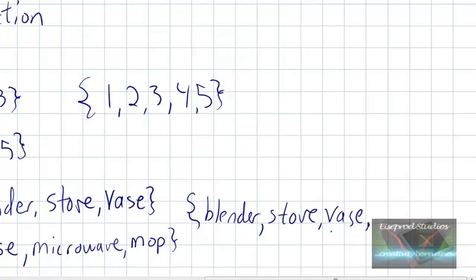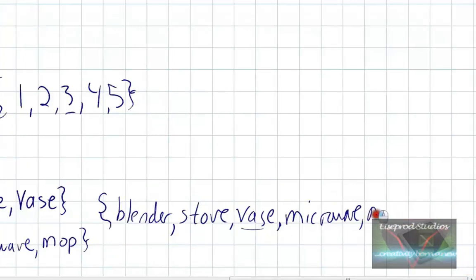You just wanted to know what they have. It's not necessary. So just like we didn't count the 3 twice, we're not going to count the vase twice. So just the vase, and then a microwave, and a mop. This would be the union of the two.